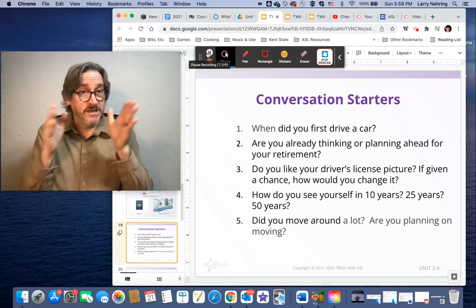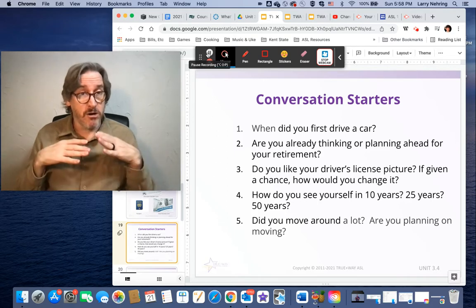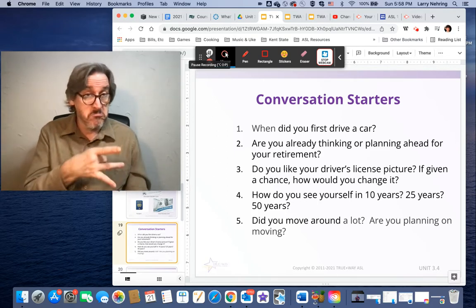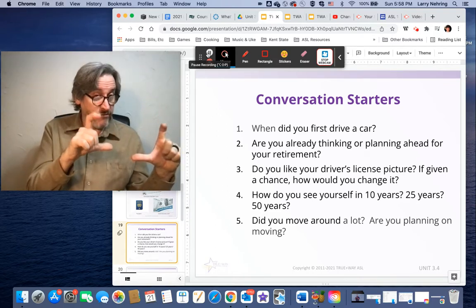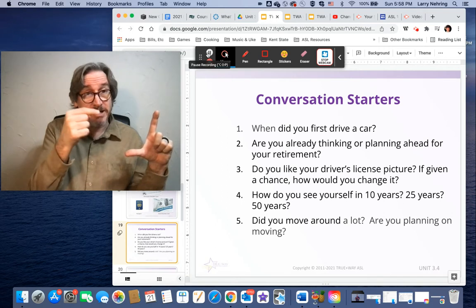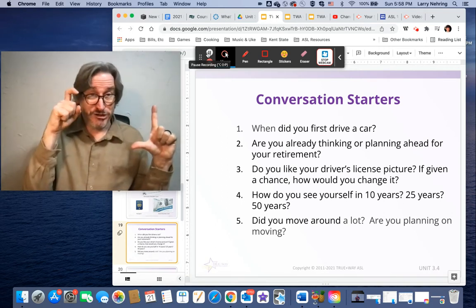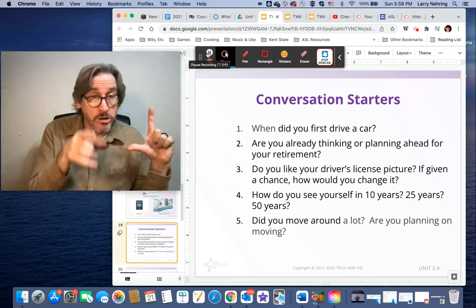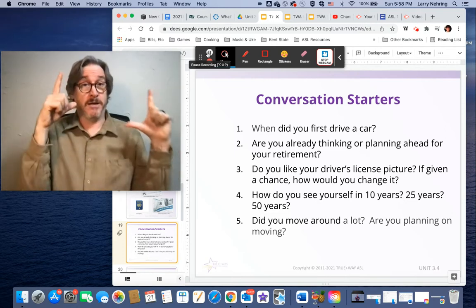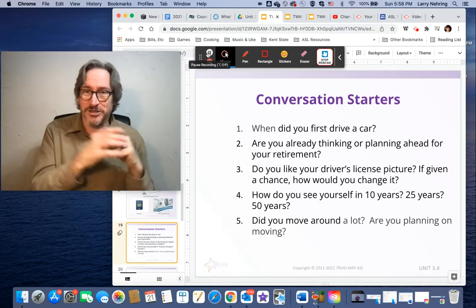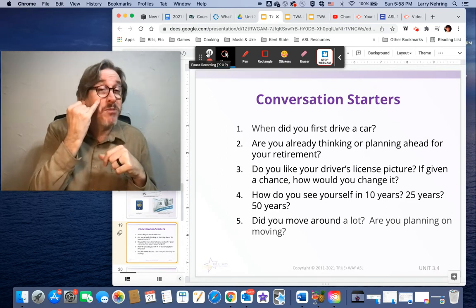Planning, plan. We did this for plan, right? So plan, future, plan ahead, retirement. If we've got the license and the picture's right there, you can refer to it. Notice how I'm going back and forth between the license, you, and the photographer taking the picture, right? Suppose you could change it.